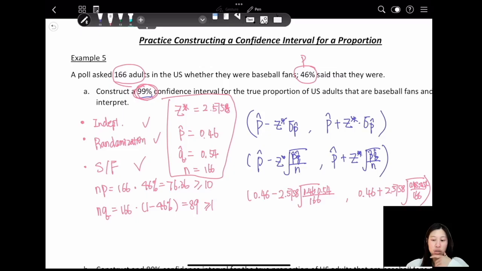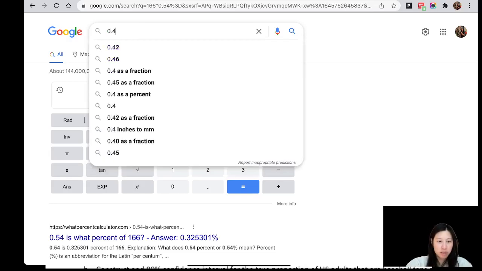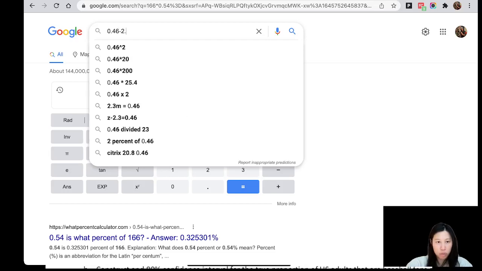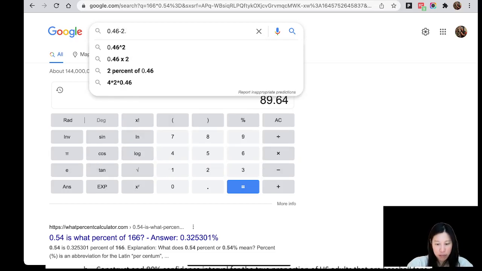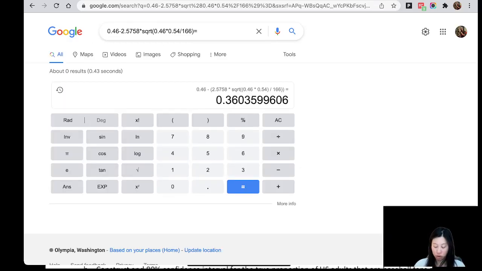Now let's use a Google calculator. 0.46 minus 2.5758 times the square root of 0.46 times 0.54 divided by 166 equals, okay, we found our lower bound, which is 0.3603.